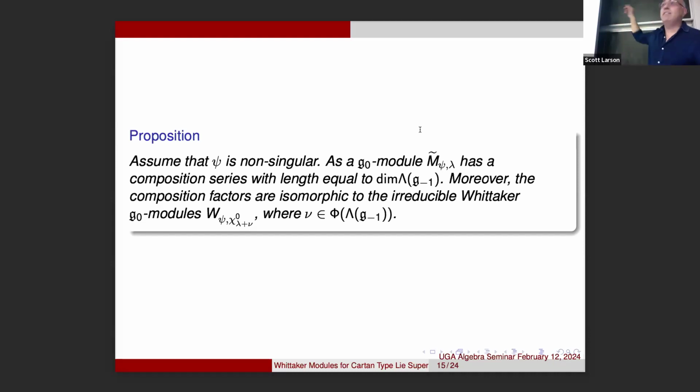I forgot to say these induced modules are Whittaker modules. We look at these modules only, and at when they are simple. So how do you get simple modules from them? The composition factors are isomorphic to W's when viewed as G0 modules.